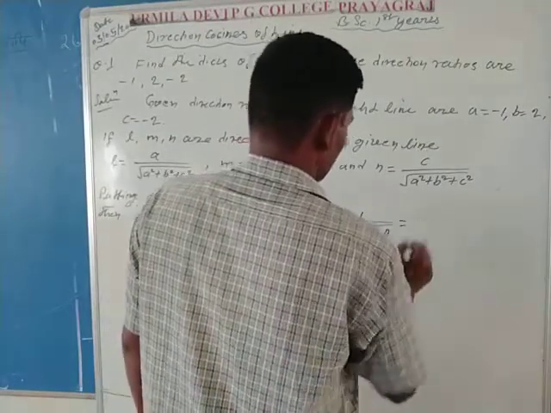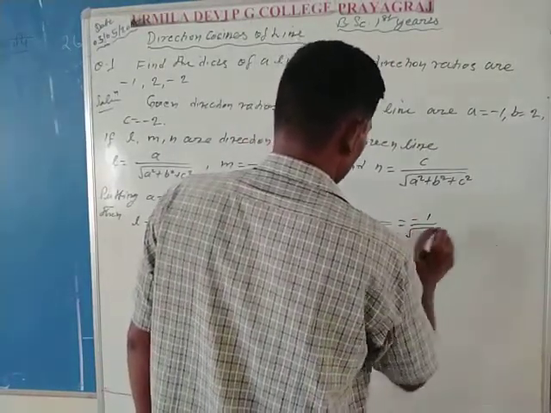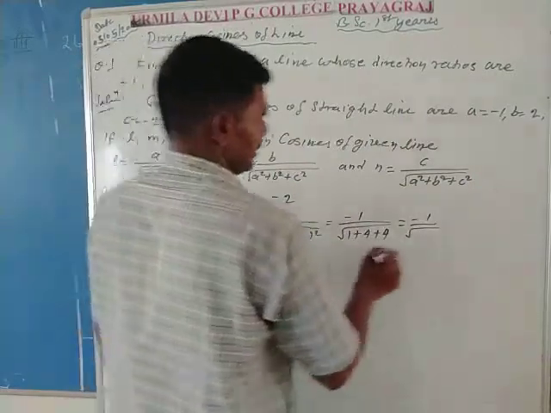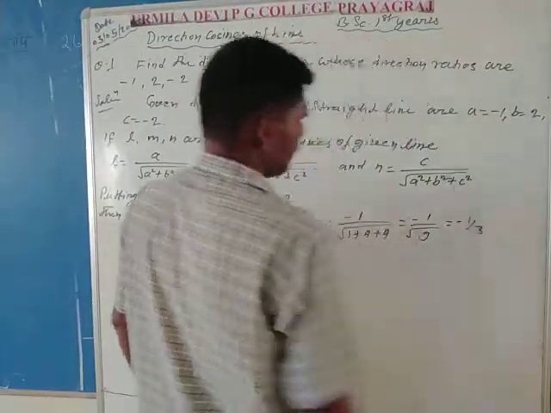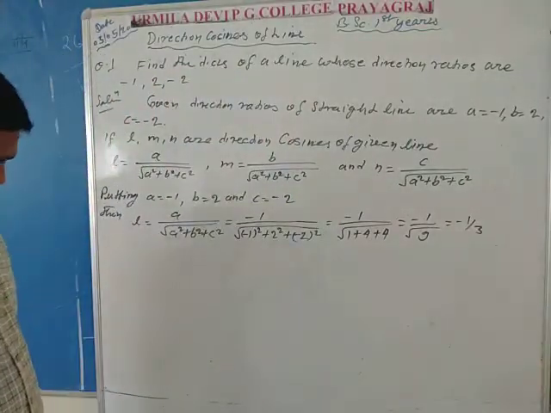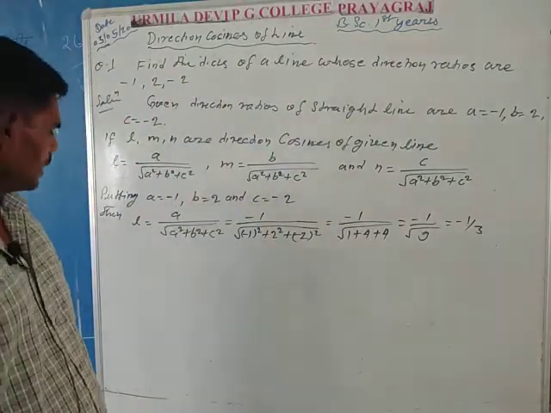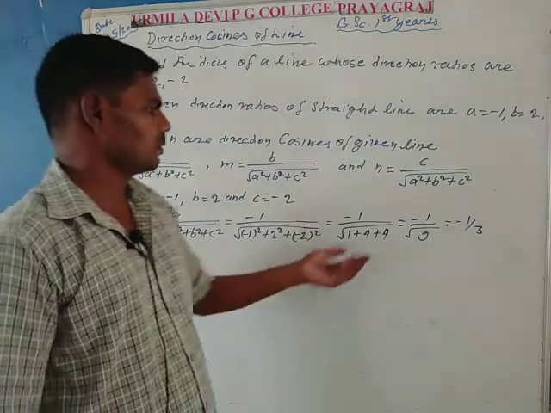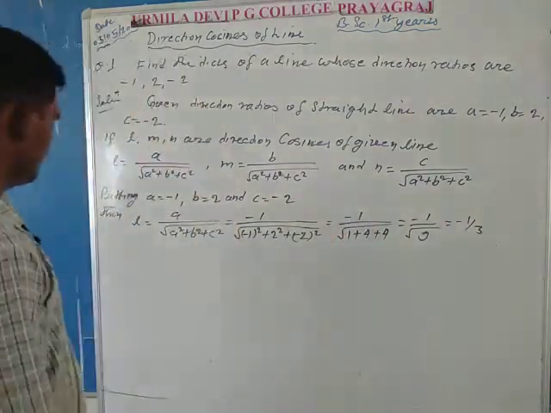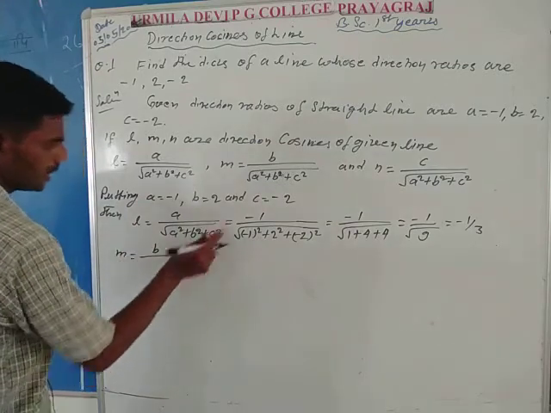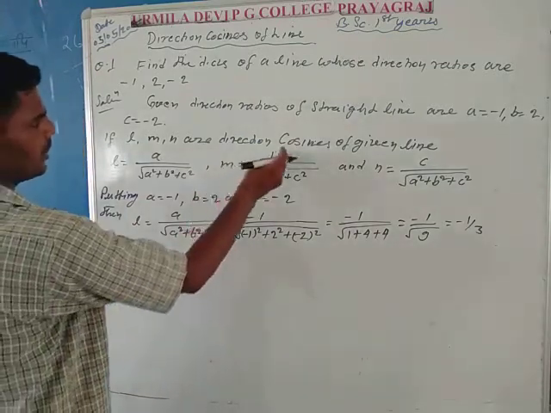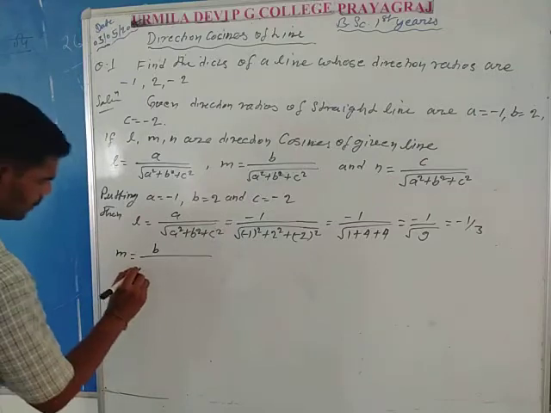So -1 by under root 4 plus 4 plus 1, that is 9, is equal to -1 by 3. So the first direction cosine of the given straight line is l, l is equal to -1 by 3, and m is equal to b divided by under root a square plus b square plus c square.